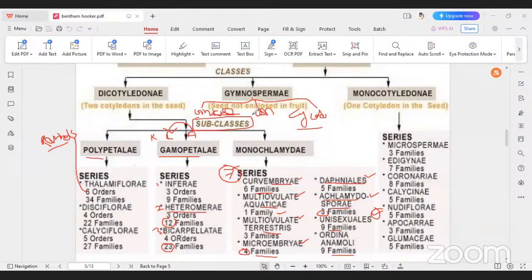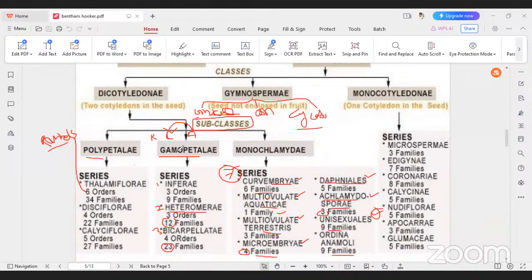These are the monocotyledons. Monocotyledons also have no orders.